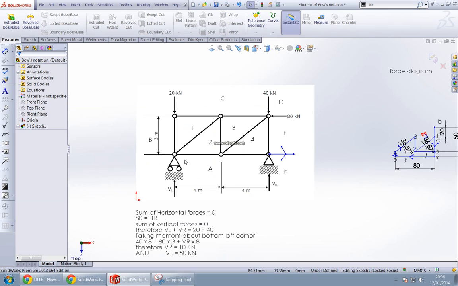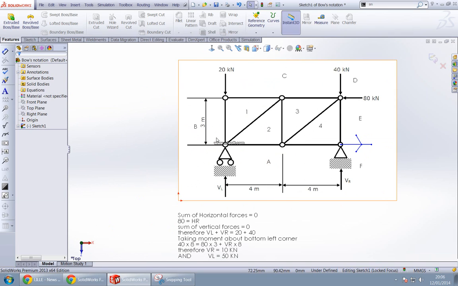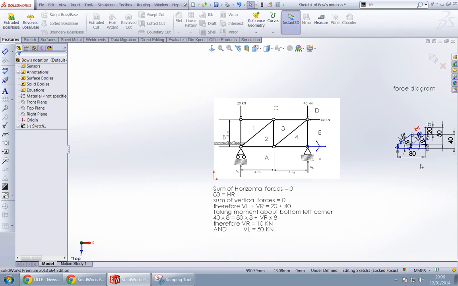Now we consider this point, which is between A and B. There is a vertically upward force.